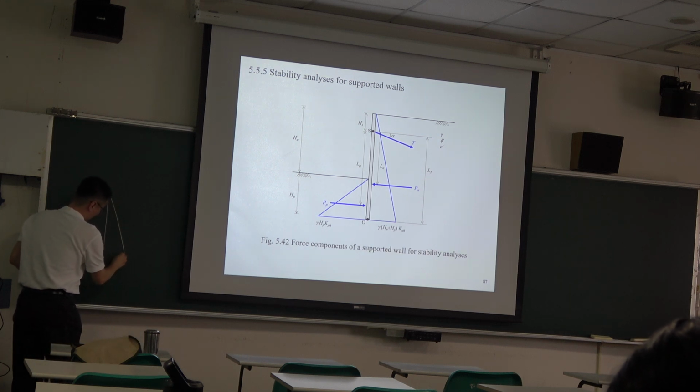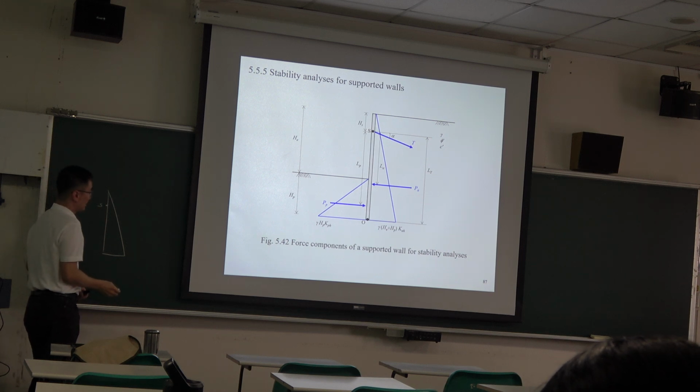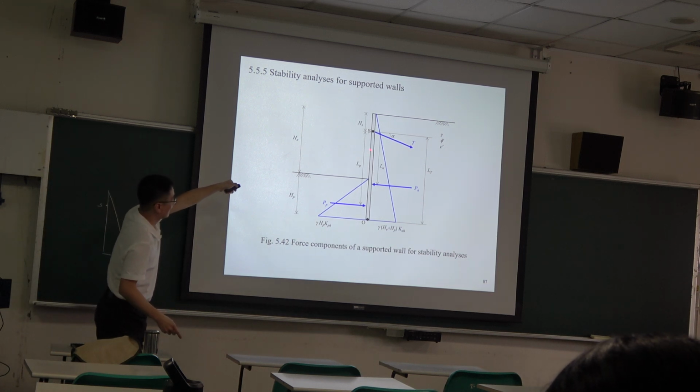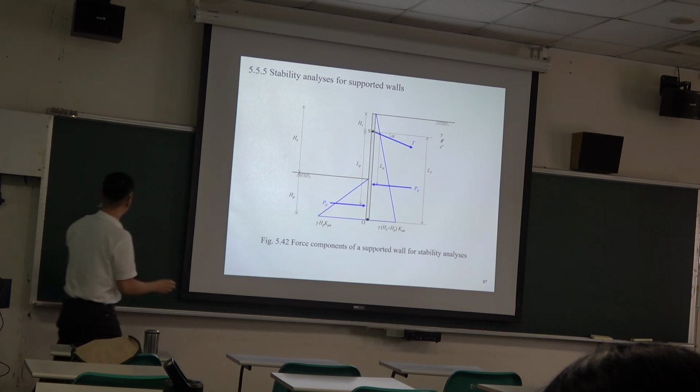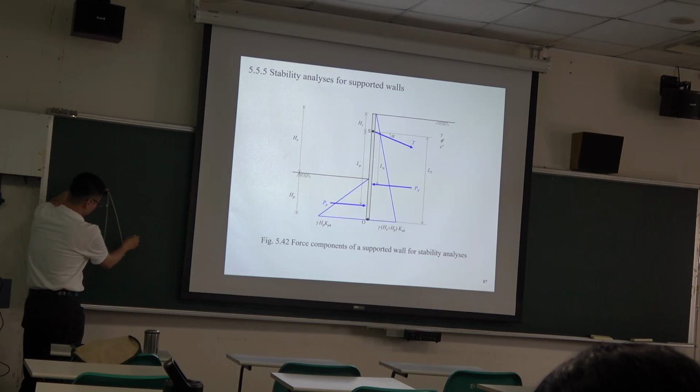S is here. So resultant for this active side triangle, still 2/3 if calculated from this point.